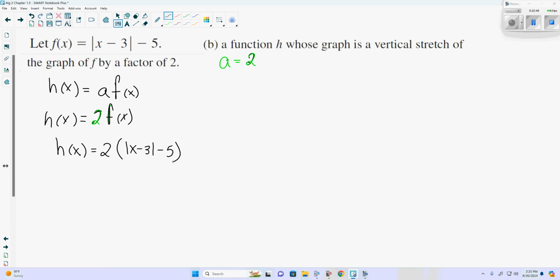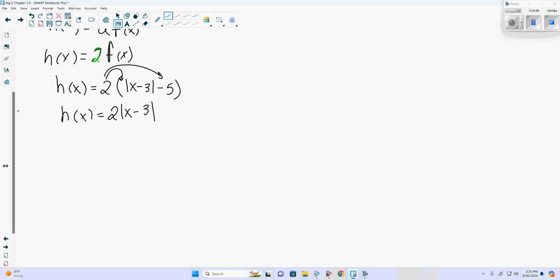Just like with our reflection across the x-axis where we distributed the negative through, here we're going to distribute the 2. And just like with the negative, we're not going to multiply through the absolute value of x minus 3. We're just going to have 2 times the absolute value of x minus 3.